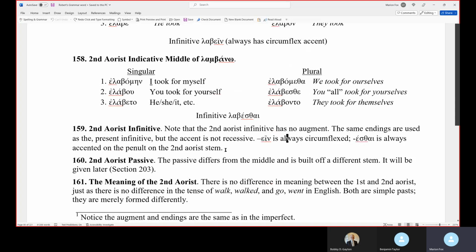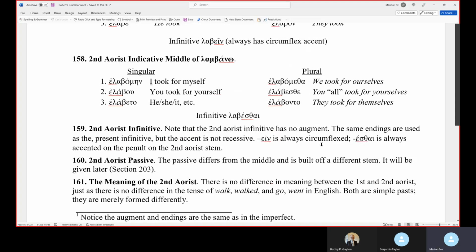See, the ultima is the last syllable. The penult is the second to the last. The antepenult, ante is before, A-N-T-E, that's Latin. So the penult will be the next to the last syllable. I'm just reviewing. I'm sure you remember that. I just thought I'd point it out again.